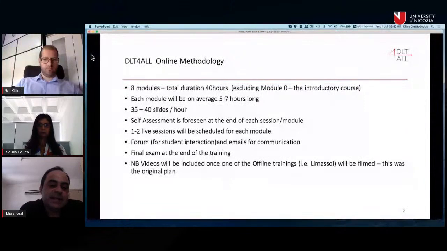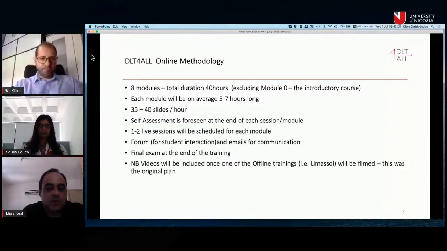The estimated duration for this is about 40 hours, and we do not count the absolutely introductory module encoded as module number 0.